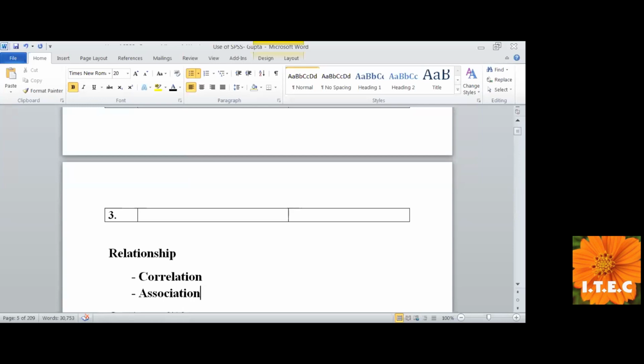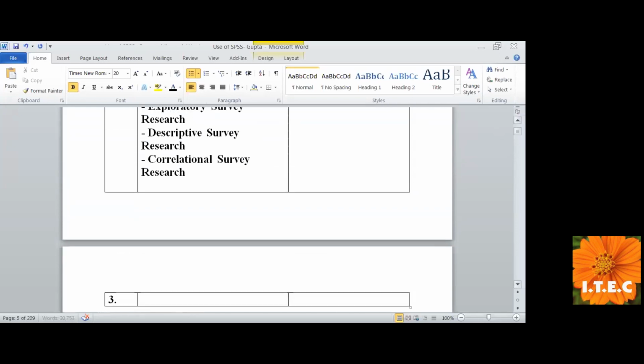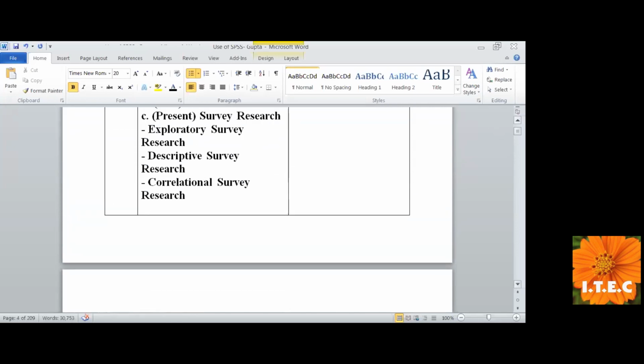But another lady who has not put on the Mangal Sutra, can you say she is unmarried? The answer is no, you cannot say. So this is association. And correlation means the commonness you try to find out. More I will tell you as I proceed further. So therefore, you have a correlational survey.